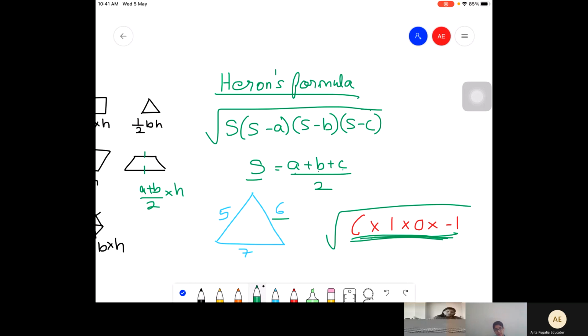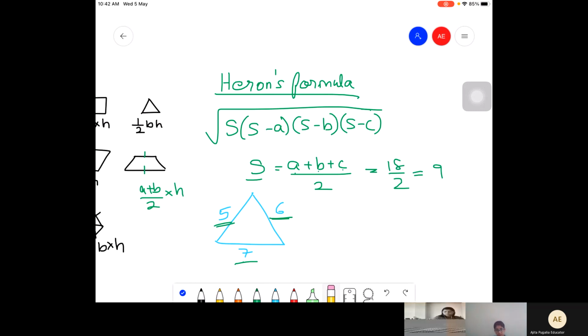So 6 plus 7 plus 5: 6 plus 7 is 13, 13 plus 5 is 18. 18 divided by 2 is 9, right? Oh, divided by 2. Okay, I thought it was. Okay, fine. So S minus A is 4. S minus 6 is 3. 9 minus 7 is 2.